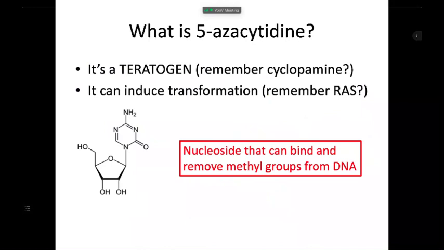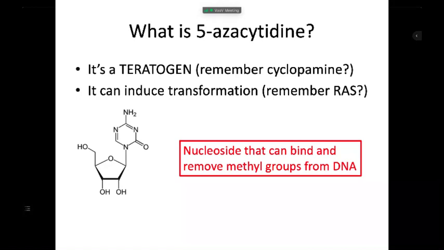So what is 5-azacitidine? 5-azacitidine is a teratogen. So remember cyclopamine, it can cause developmental defects. Remember cyclopamine caused holoprosencephaly in sheep. So it's a teratogen, and it can also induce transformation.